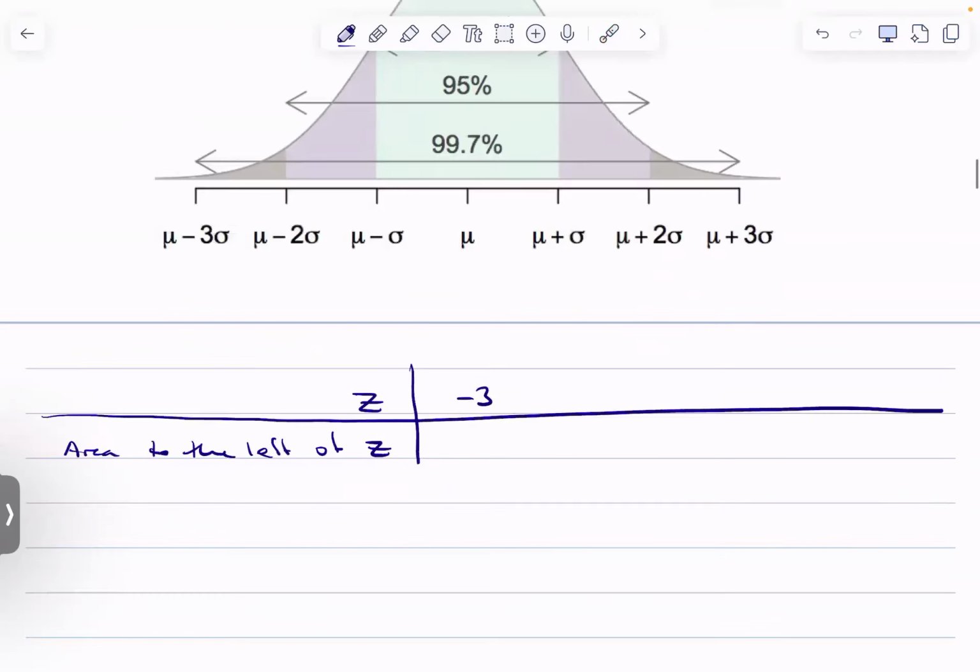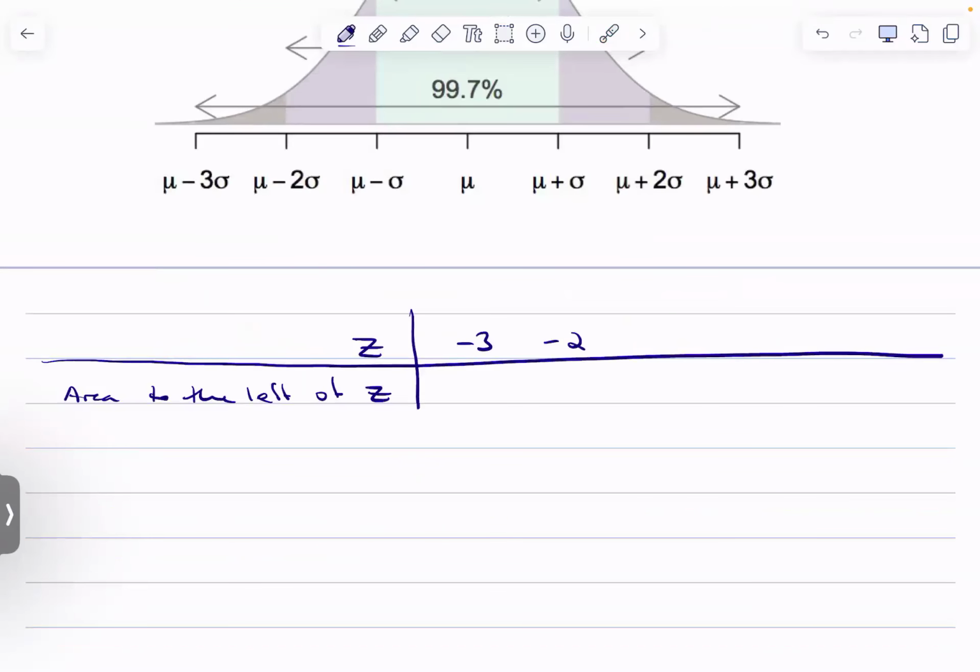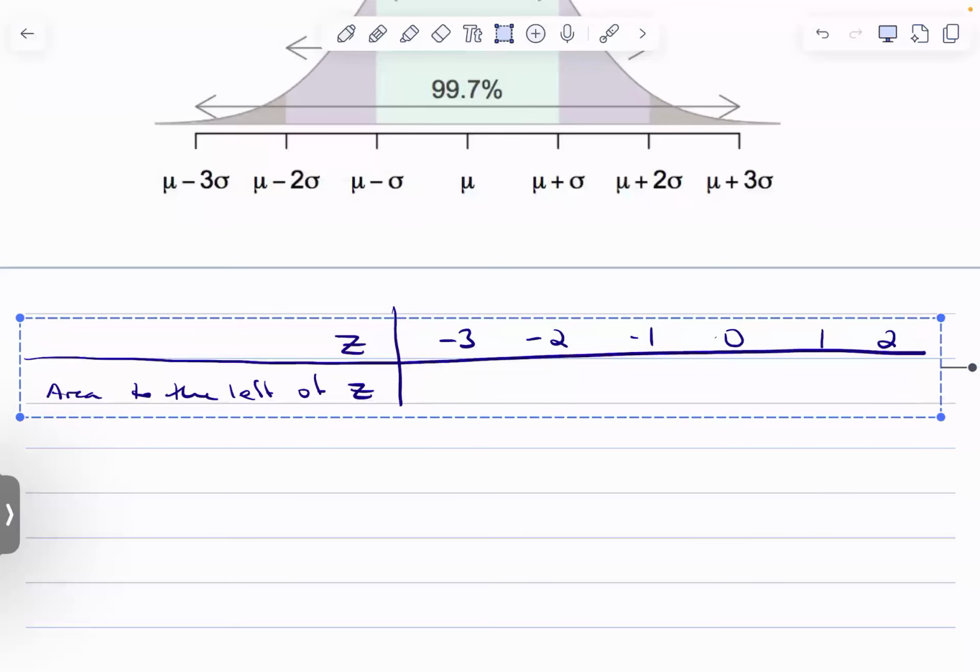But we could do this if we wanted to. -2, -1. Okay, maybe I needed a little bit more room. 0. Right. 1, 2. Just a little bit more room.